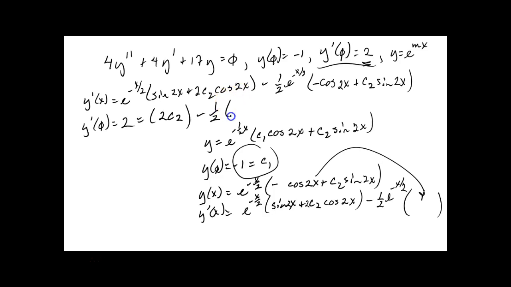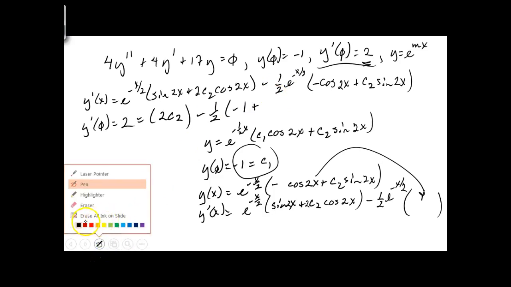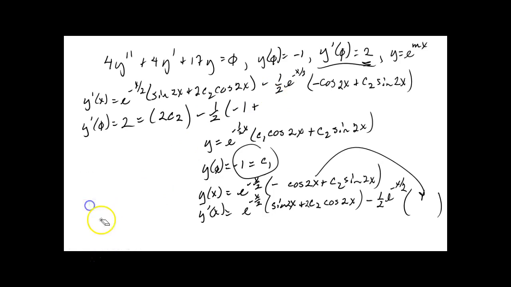So that's just a 1 times cosine of 0, so that's a minus 1/2 there, plus c2 times 0. So no plus there at all. Okay, now that turned out pretty simple, didn't it? Hopefully I did it right.